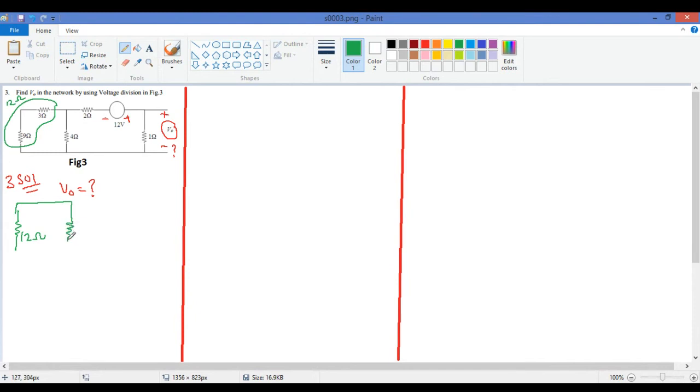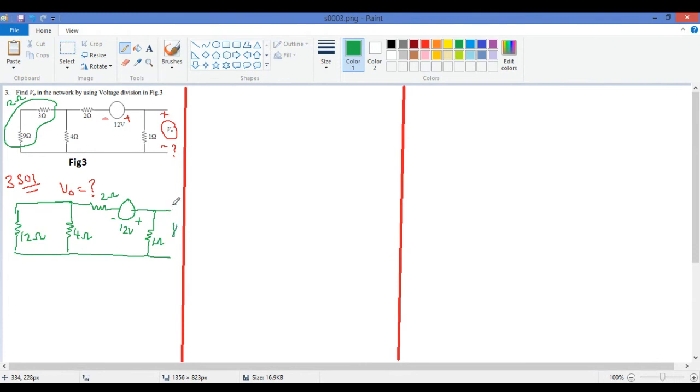and then this is 4 ohms, and then this is 2 ohms. After this 2 ohms you have minus and plus 12. This is 1 ohm. This is the circuit we get, and here we have V naught.